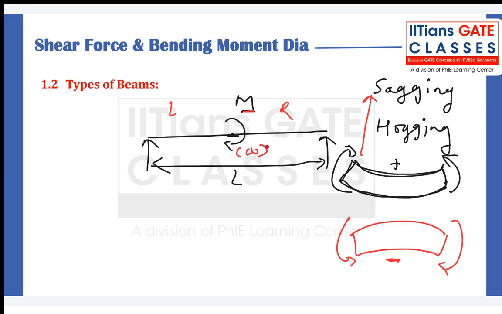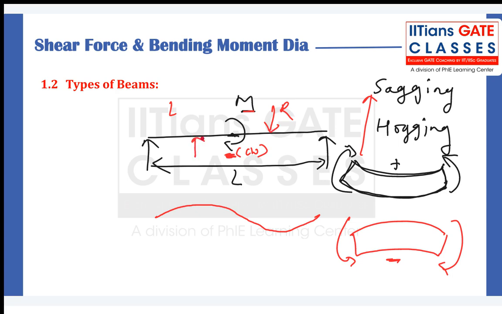So guys, what you do is you just draw the deflection pattern. How will the deflection be? If you see the deflection of this, clear? You can see this clockwise movement. It will press this down and it will press this up.